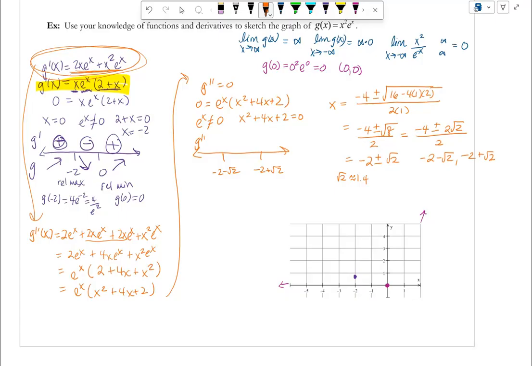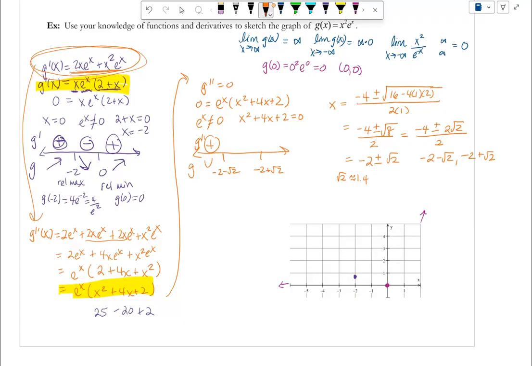When I plug that into my second derivative, again, I'm going to use the factored form. I know e is always positive. When I plug in, let's say, a -5 here, I'm going to get 25 minus 20 plus 2. So my second derivative is going to be positive on this interval, meaning that g is concave up.